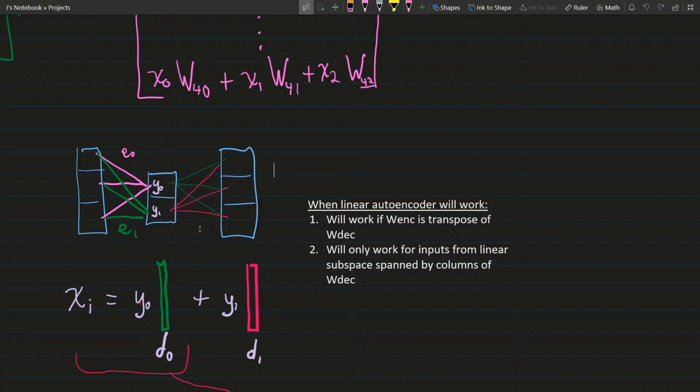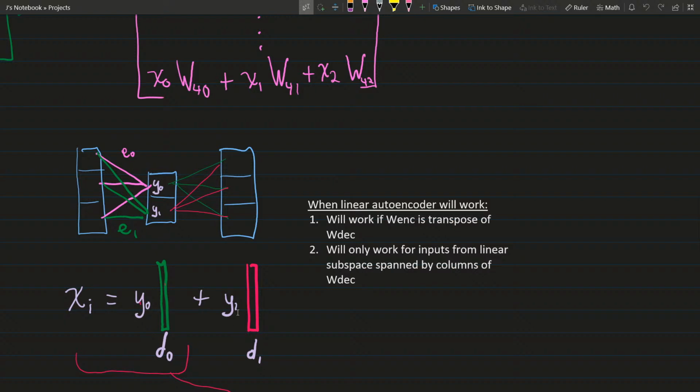Then the second thing that has to happen is that the encoder has to work. By assumption, you have data that is this linear combination, and it's the job of the encoder to find the weightings, the y sub 0 and the y sub 1.